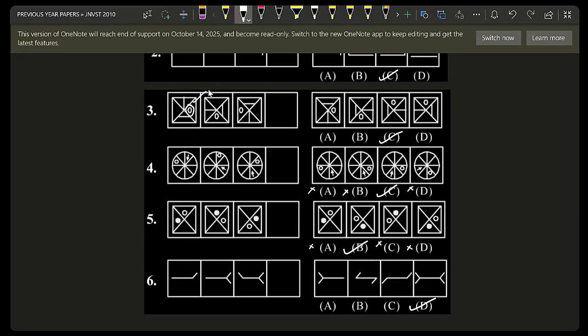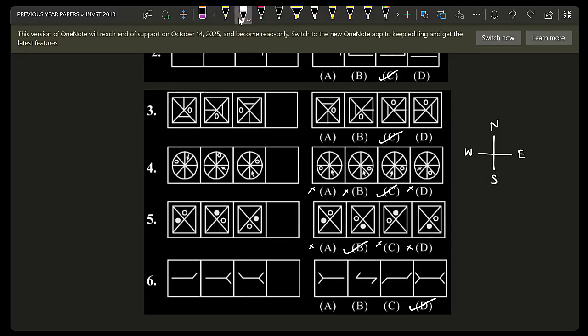Aditi, the circle is in north direction. Is it? Directions: north, east, west, south. The circle is in which direction? I'm asking about this circle.